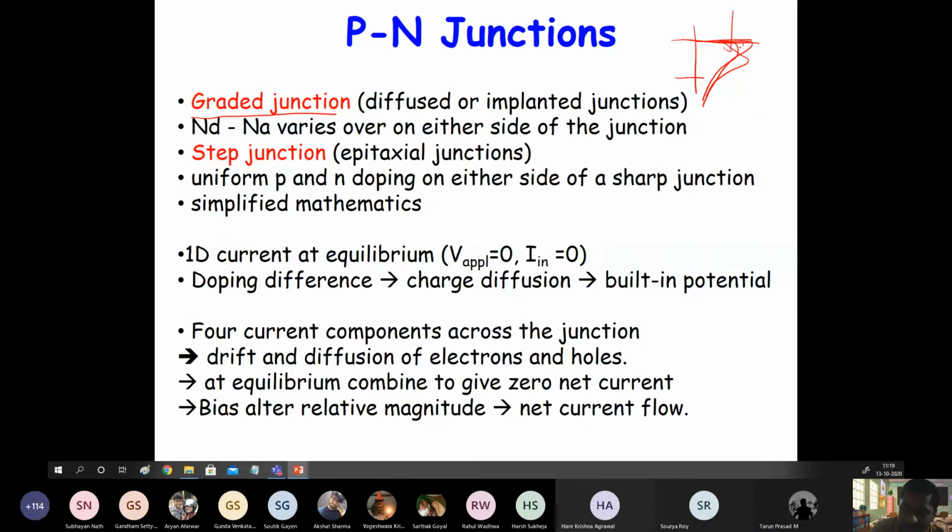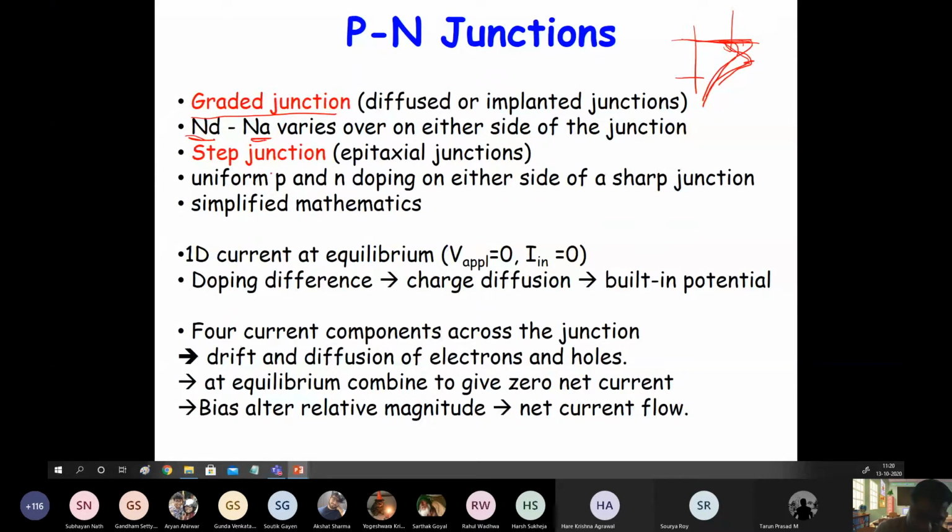When you implant, you may get some kind of distribution where the peak is at a certain depth, right? So these are all graded junctions where the doping is not constant, but it is a function of position. And that is applicable whether you make this diode by diffusion or by implantation. So this dopant, donor or acceptor, varies over length.